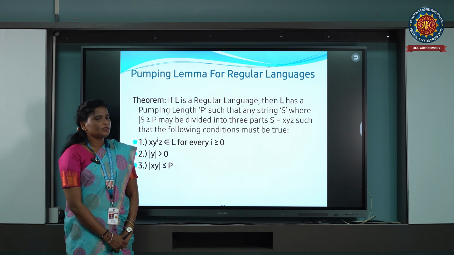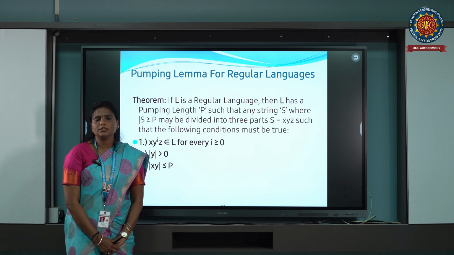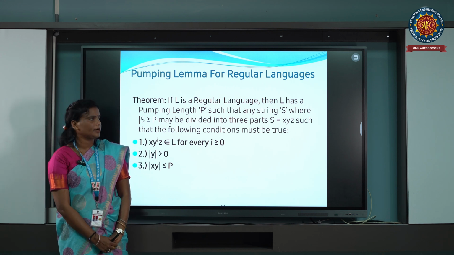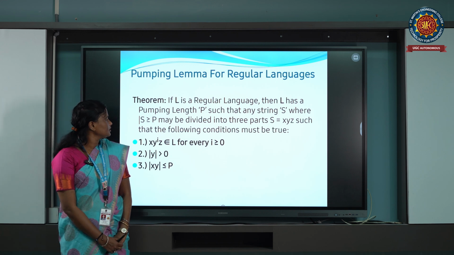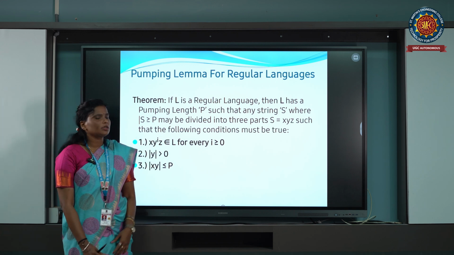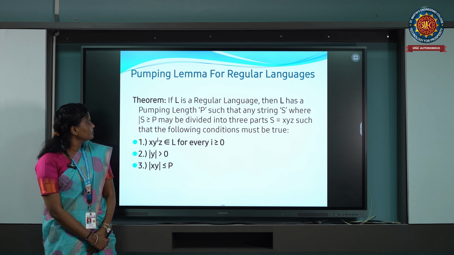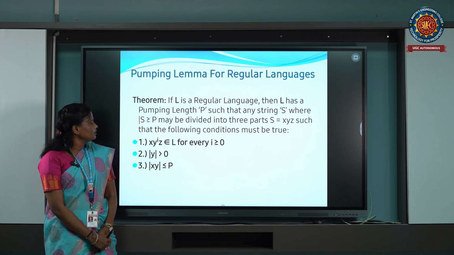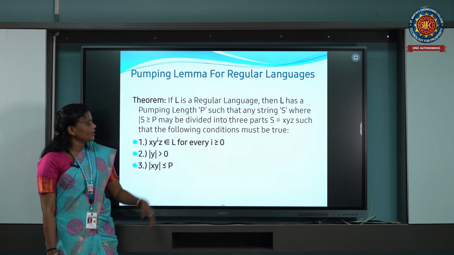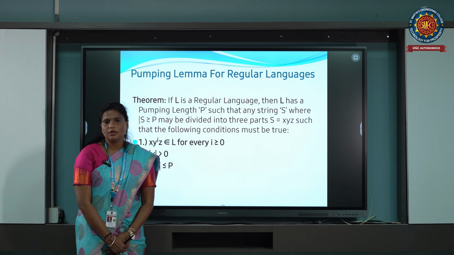may be divided into three parts, that is S equals XYZ, such that these three conditions are followed. What are the three conditions here? First, X Y to the power I Z belongs to L for every I greater than or equal to 0.